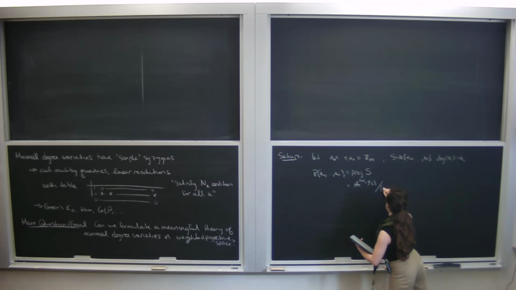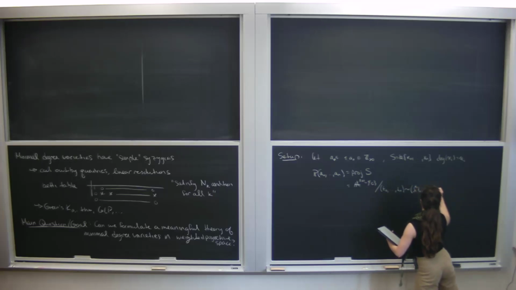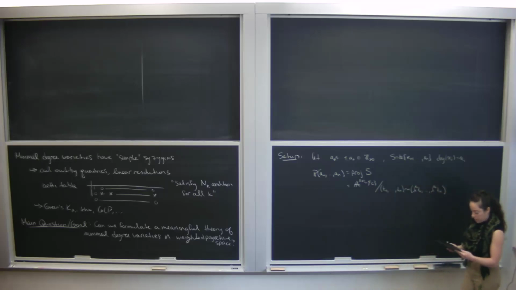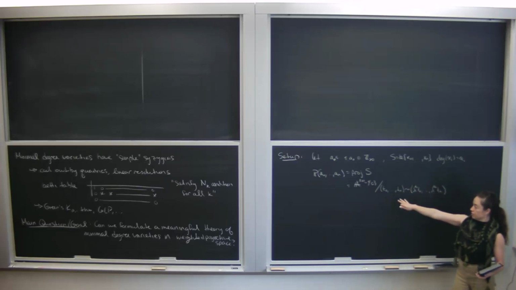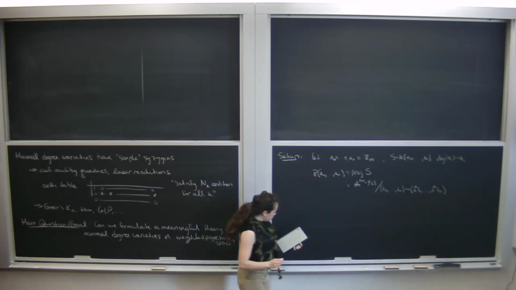But now the scaling relation is that (t_0, ..., t_n) should be equivalent to (lambda^{a_0} t_0, ..., lambda^{a_n} t_n). So my scaling relation is weighted by these weights. Okay. So this is going to be my setup. This is how we'll define our weighted projective space for today.